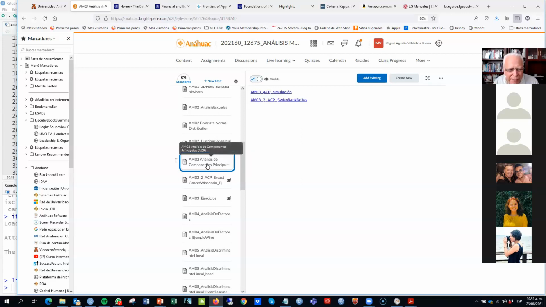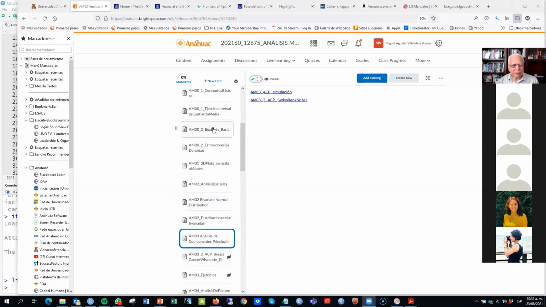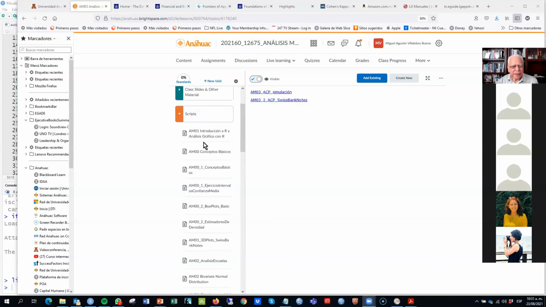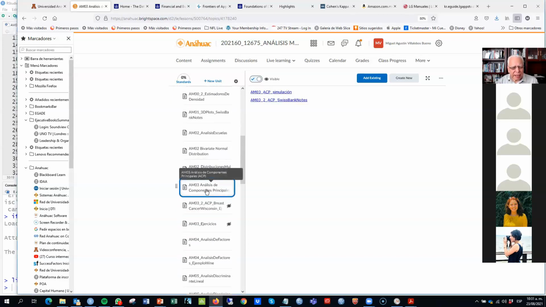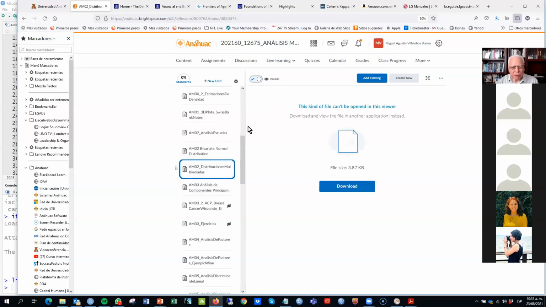And the data, I believe you already downloaded the Swiss banknotes data, right, to your laptops? I don't have it. Where is it, Professor? These are the Brightspace scripts, AM03 análisis de componentes principales, which has two scripts, and AM02 distribuciones multivariadas.